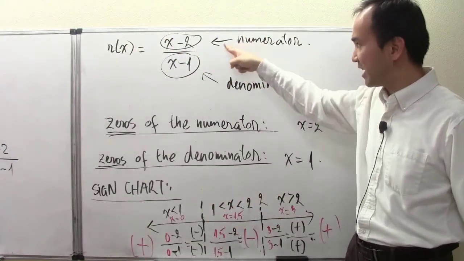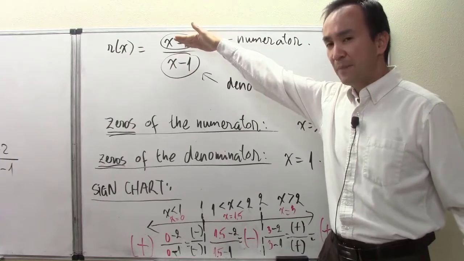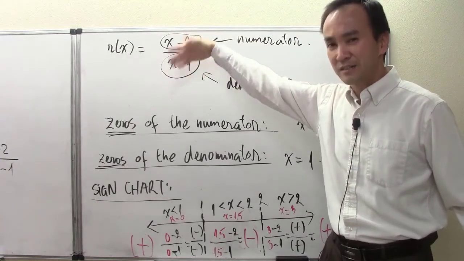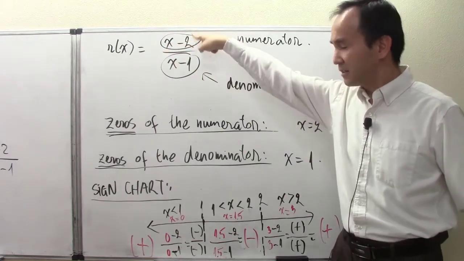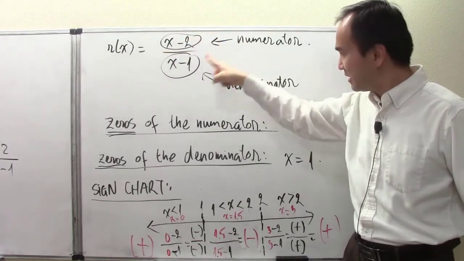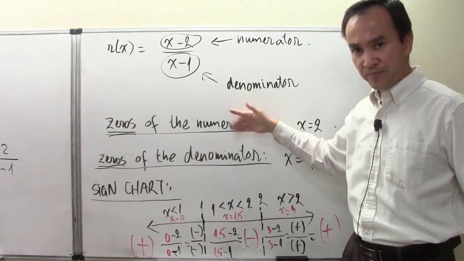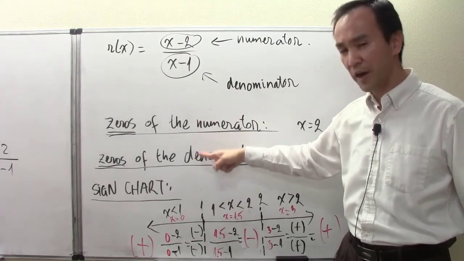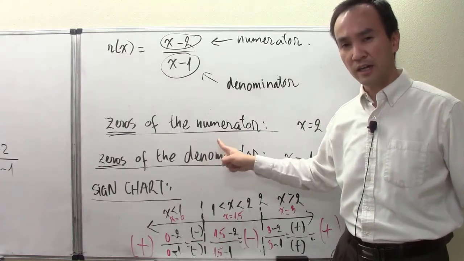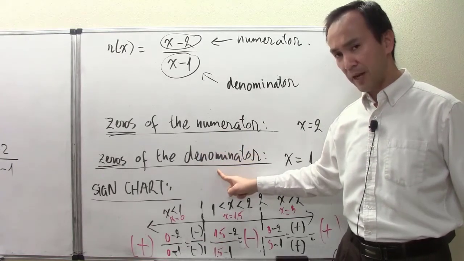And now, once again, this is the simplified rational expression after we cancel out a common factor. So now x minus 2 is the numerator, x minus 1 is the denominator, just exactly like how I was doing that demo problem earlier. We're going to go ahead and find all zeros of the numerator and of the denominator.